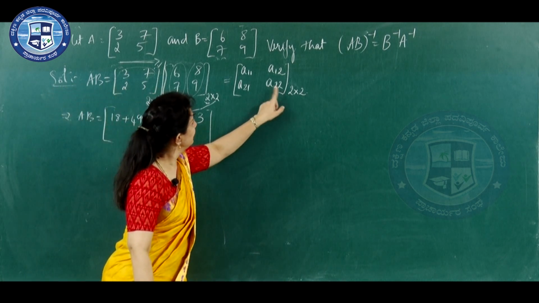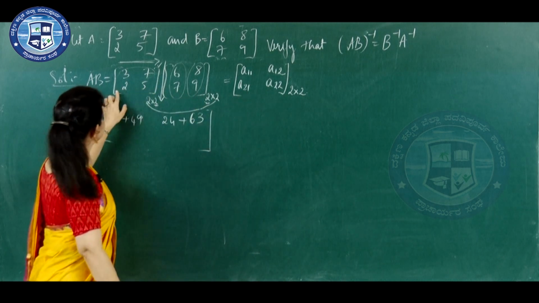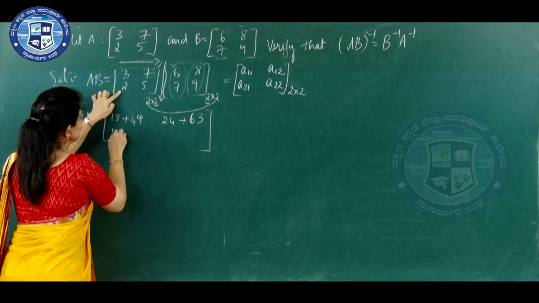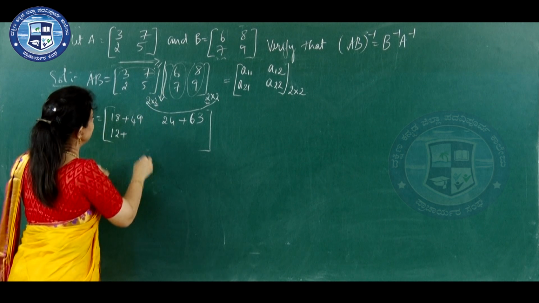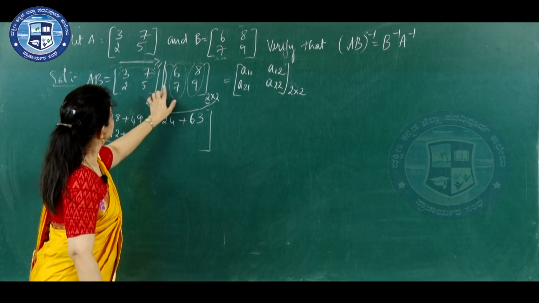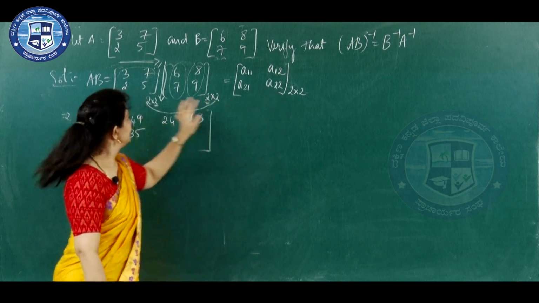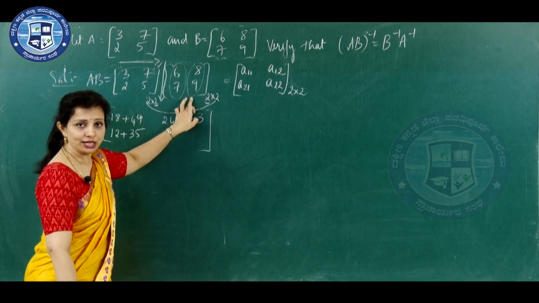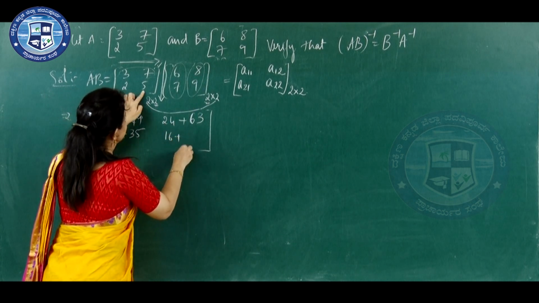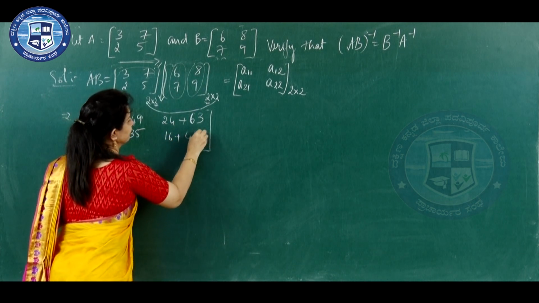Third one, A21: second row multiplied by first column, 2 into 6 is 12 plus 5 into 7 is 35. Then A22 means second row elements multiplied by second column elements, 2 into 8 is 16 plus 5 into 9 is 45.